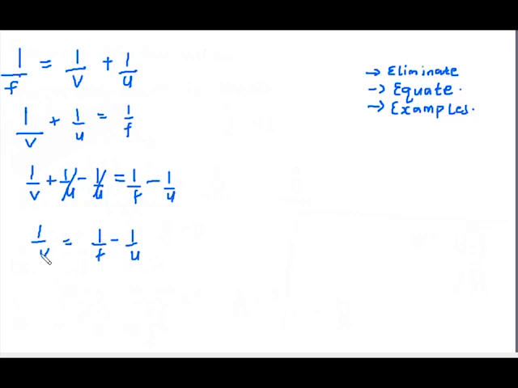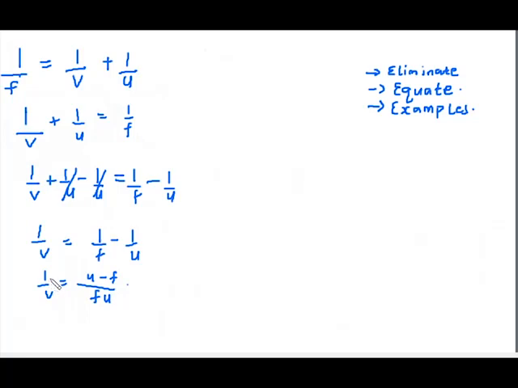So in this case, we could take the reciprocal, or we have to take the LCM of here, so we could get a common base number here, and then a common base number here. So we have 1 over v equals, the LCM of both f and u is fu, and then this expression becomes fu divided by f is u, minus f.